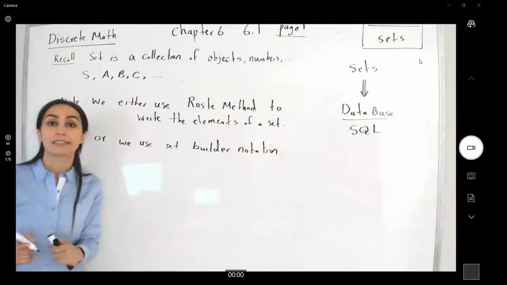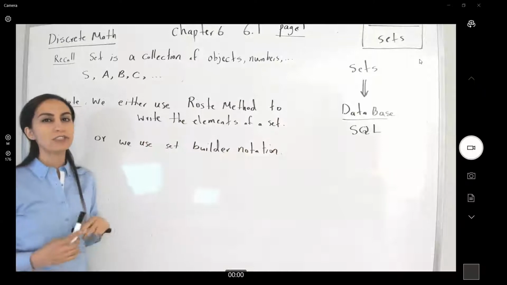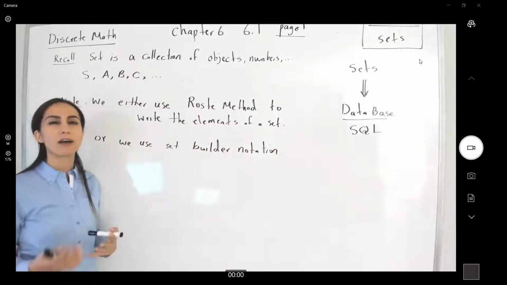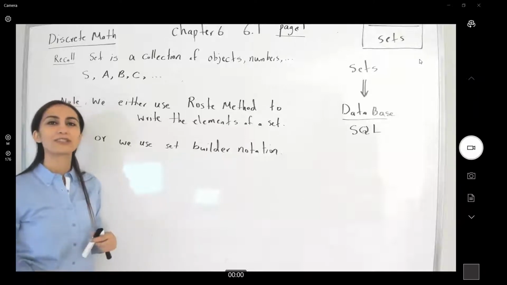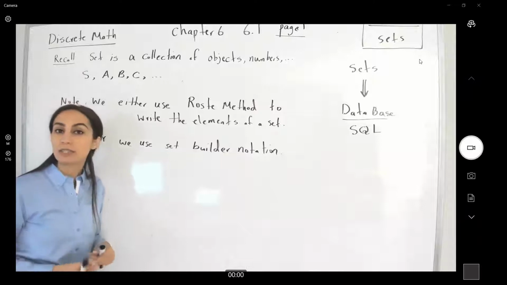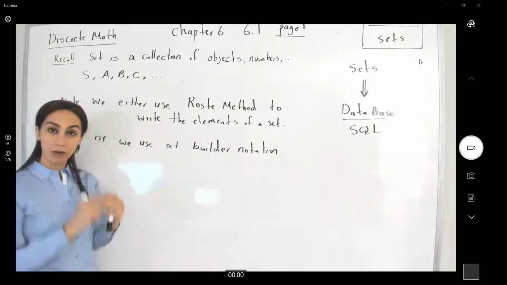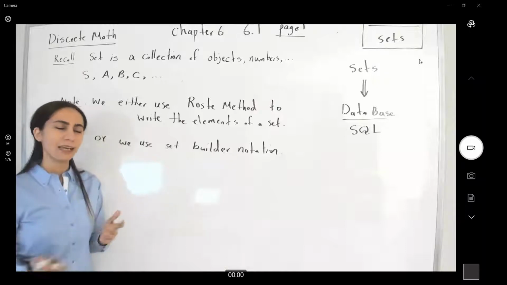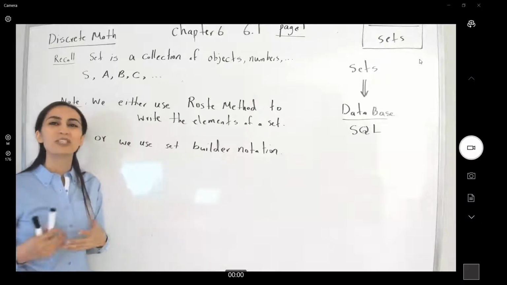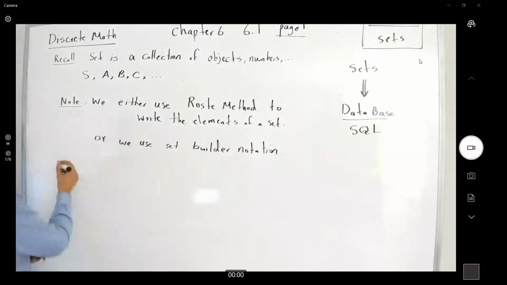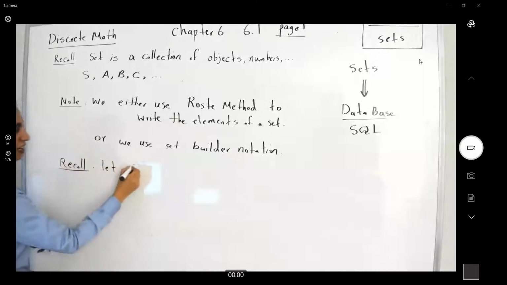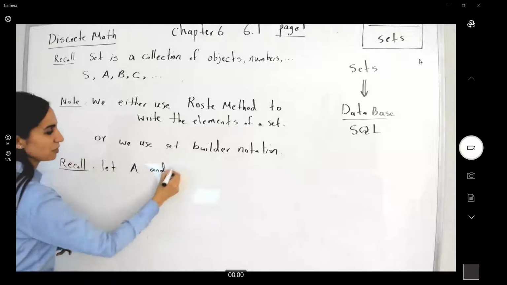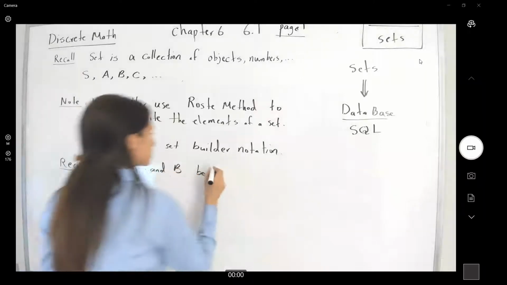After defining a set, remember that we're interested in forming some new sets. The easiest way to introduce a new set is to take subsets, sub-collections of that set, and say these are new sets. So recall that. Let A and B be two sets.